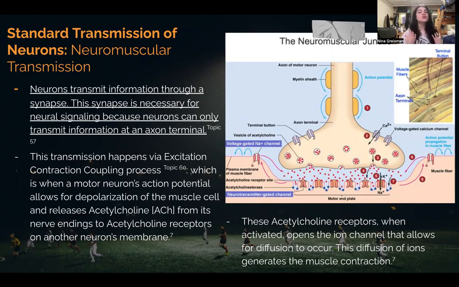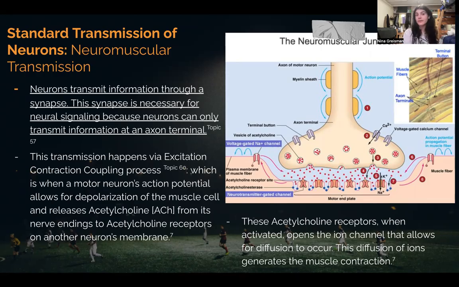And these synapses are necessary for neural signaling because neurons can only transmit information at an axon terminal, as we discussed in topic 57, where neurons aren't like hormones when they signal information. It's a lot less of an indirect process and a lot more of a direct process. And so there must be a connection between the axon terminals in order for this transmission of information to occur.